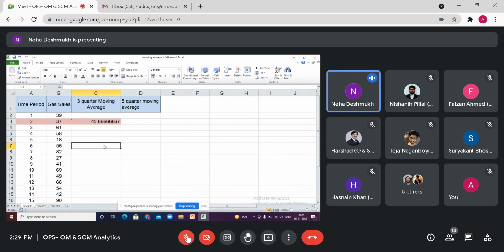I repeat, I will use the average function of the first three values and enter. We start from the second time period to mention the three quarter moving average. Are you with me, class?